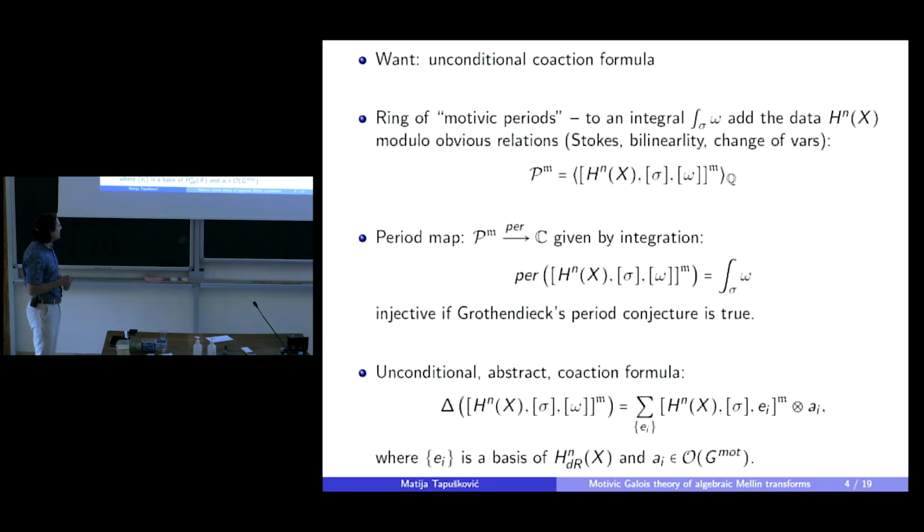So the e_i here form a basis of differential forms for X. So they're a basis of this K vector space, the algebraic de Rham cohomology of X.